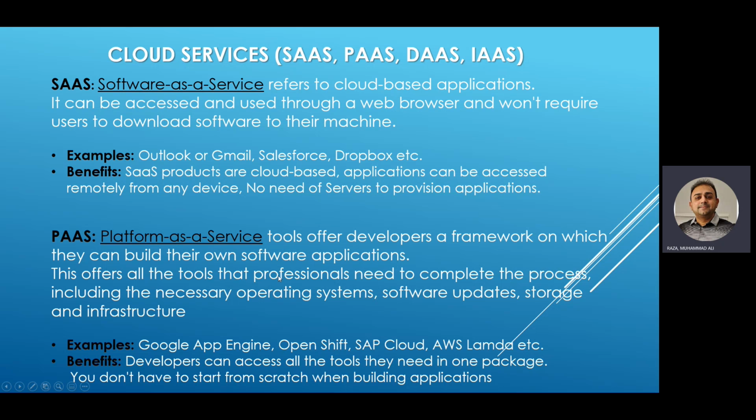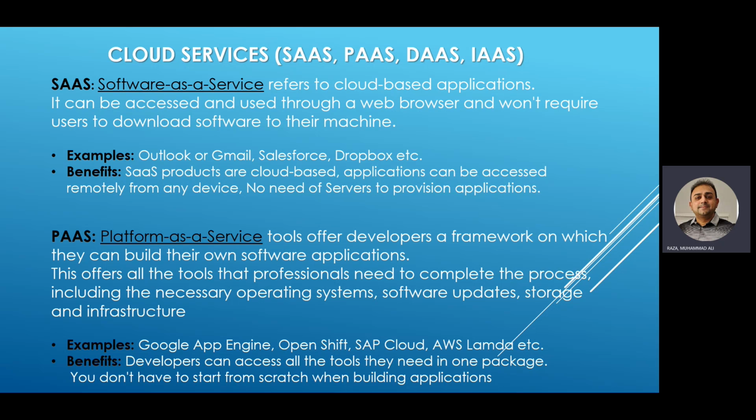The second one is platform as a service. These are tools often provided to developers as a framework on which they can build their own software applications. This allows them to use existing tools to build professional applications, and they will be able to access the operating system, software updates, storage, and infrastructure.